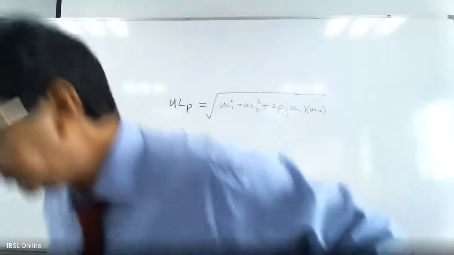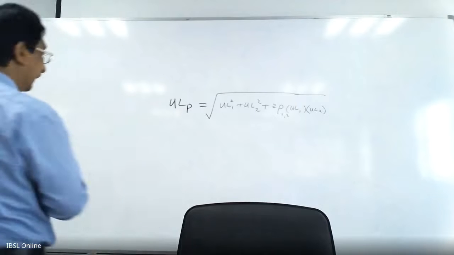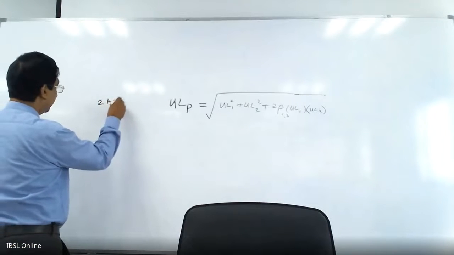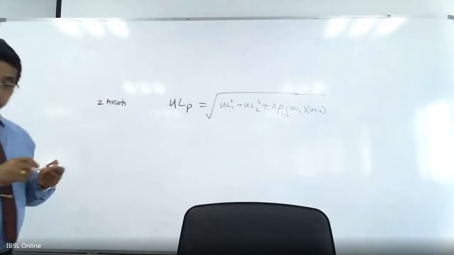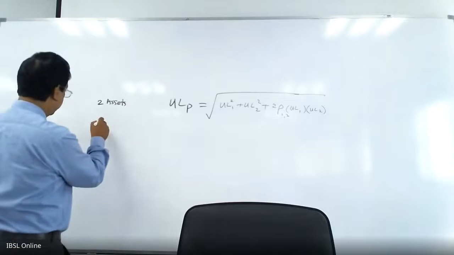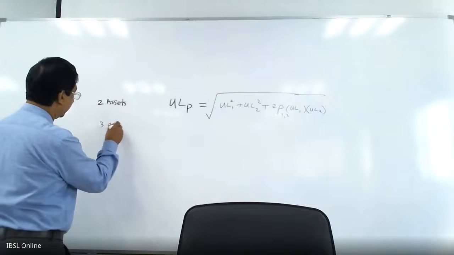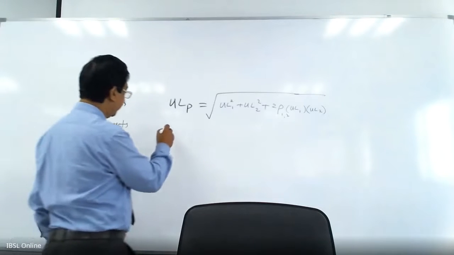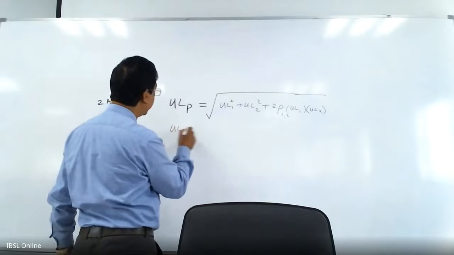Now, this particular formula is for two assets. If you go to three assets, what could be the formula? Now, I can show you this way.